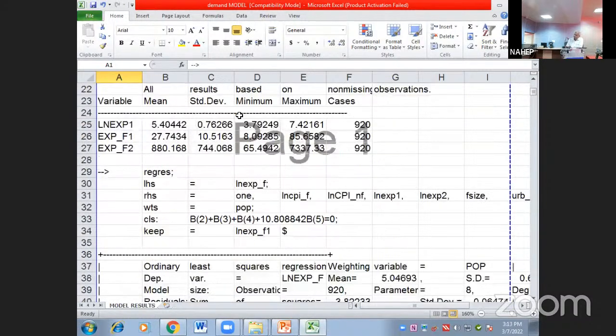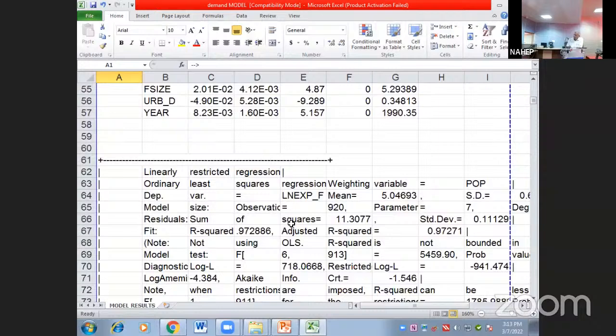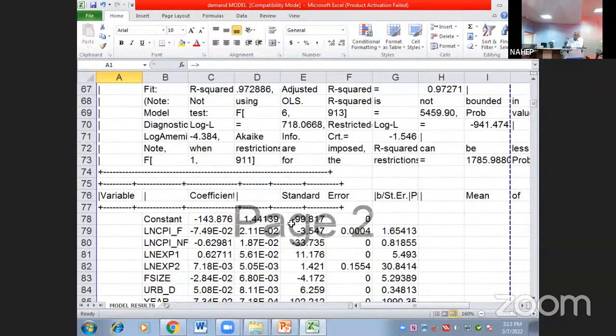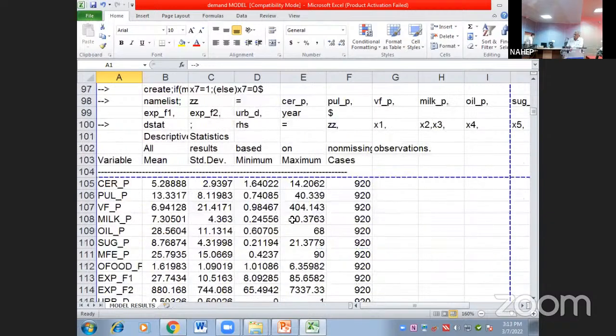Later on, we showed that in the first stage, we estimated this model by putting the constraints of homogeneity of degree zero in income and prices. Then in the second stage, the expenditure on cereals is a function of that.